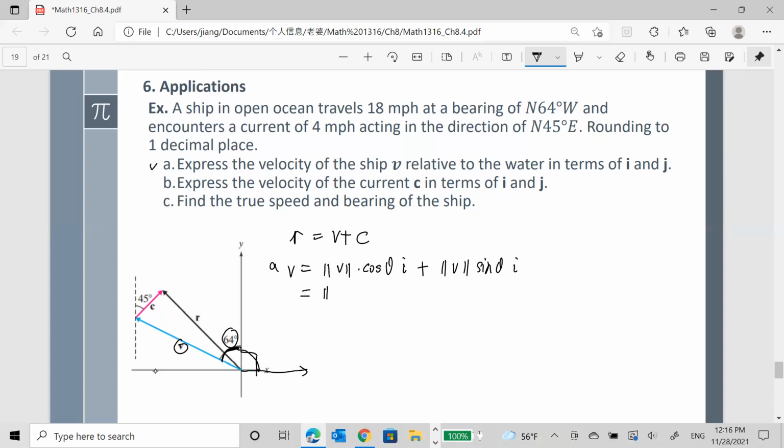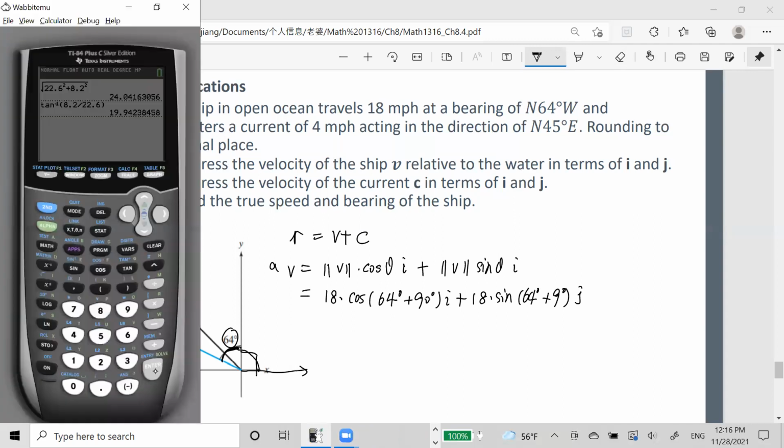The magnitude of v, 18, is given. So 18 times cosine of 64 degrees plus 90 degrees i, plus 18 sine of 64 degrees plus 90 degrees j. Use the calculator to find them. So 18 times cosine of 64 plus 90, close the parentheses.